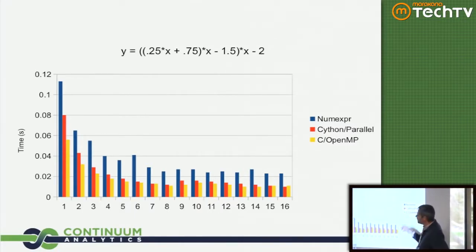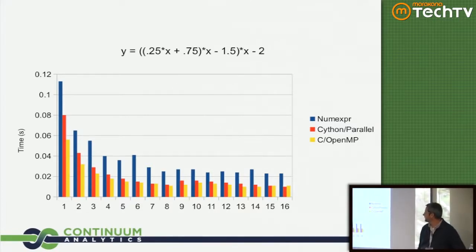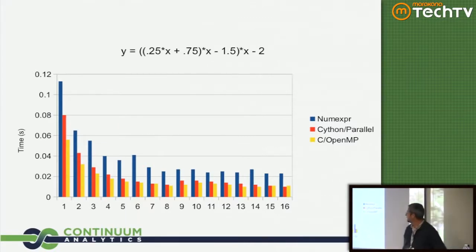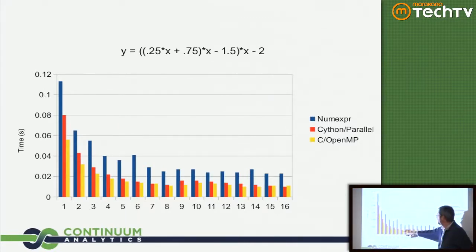Then, when you absolutely want the highest speed, the best thing to use is Cython parallel, because you can reach more or less the same speed as using a pure C OpenMP application, especially if you use a sensible number of CPUs.